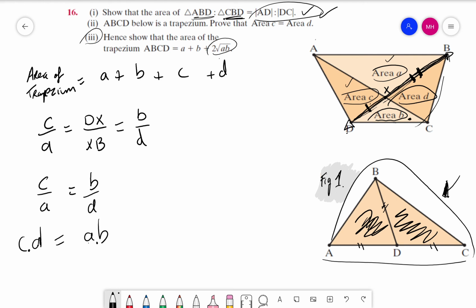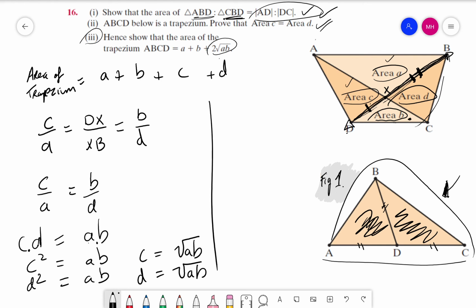We've already shown it in part 2 of the question. So you can say C squared is equal to AB, or you could say D squared is equal to AB by substituting in either C for D or D for C. So C times C is equal to AB. And of course that means that C has to be equal to the square root of AB, and D would have to also be equal to the square root of AB.